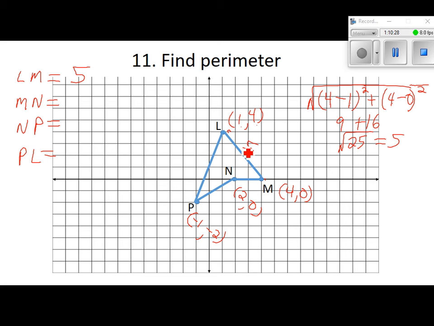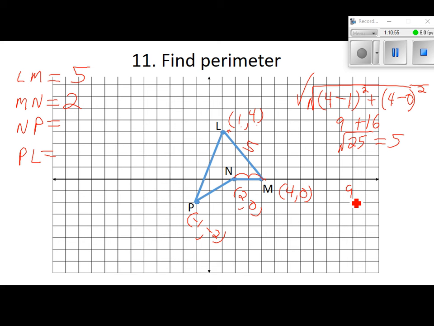Segment MN, we can just count. It's horizontal, so all we got to do is count. MN is just 2 spaces. The other 2 we use the distance formula on, and I'm not going to write it all out like I did on this one. Let's see, for NP, our X's are 2 and negative 1. 2 minus a negative 1 is 3. 3 squared is 9.